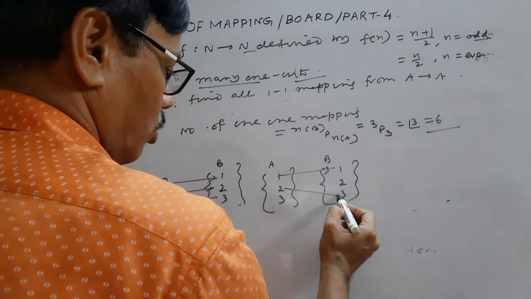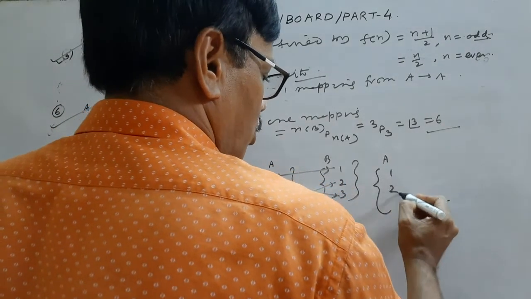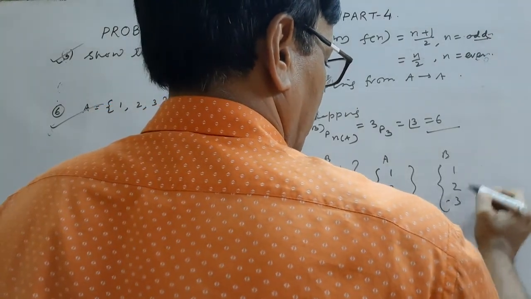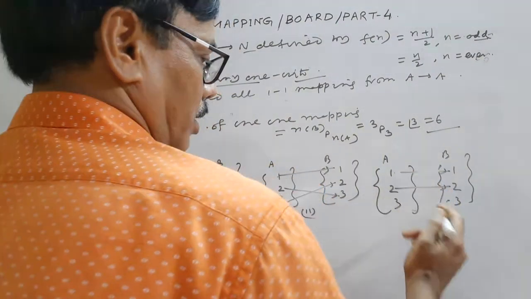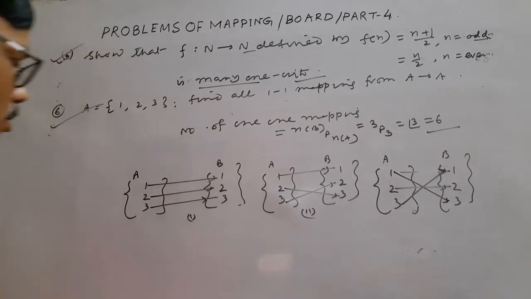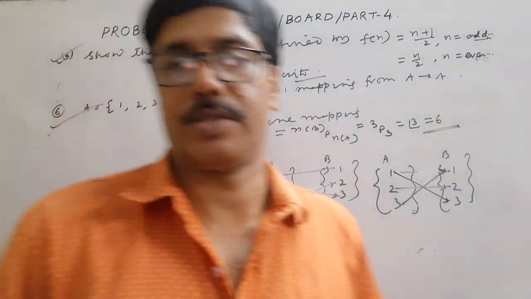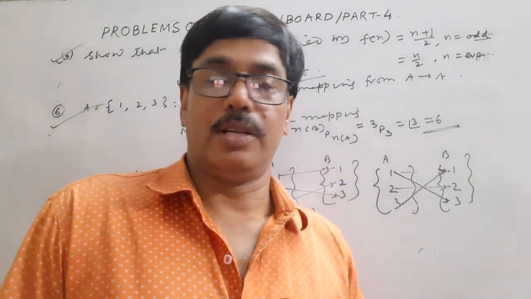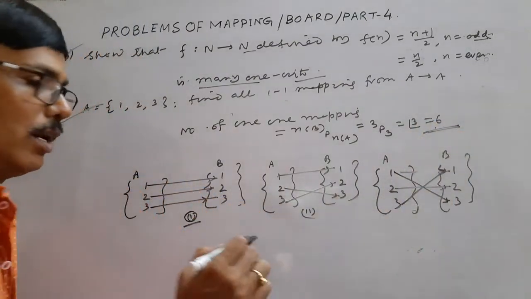Case 1: 1 is fixed, 2 goes to 3, 3 goes to 2. Case 2: 2 is fixed, 1 goes to 3, 3 goes to 1. You calculate in this way and you get 6 one-one mappings. You have to find those mappings one by one; from this formula you get 6.